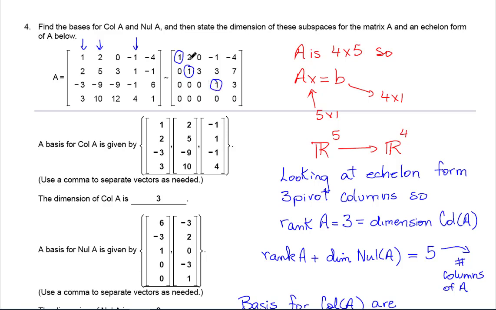Pivot columns were in column 1, 2, and 4. And so if you take columns 1, 2, and 4, you get a basis for the column space of A. All right.